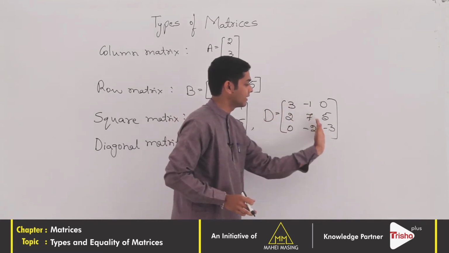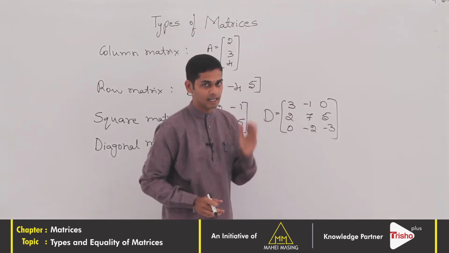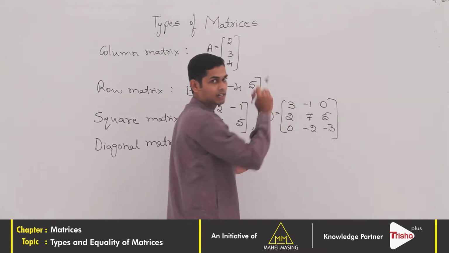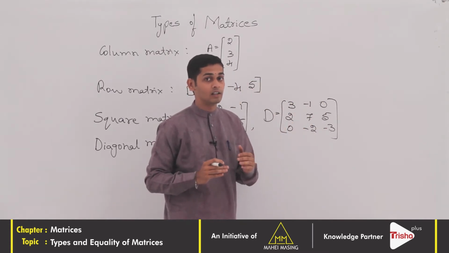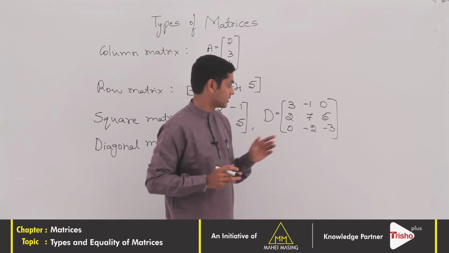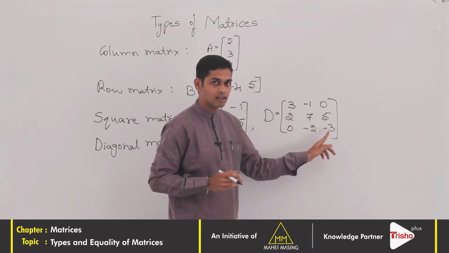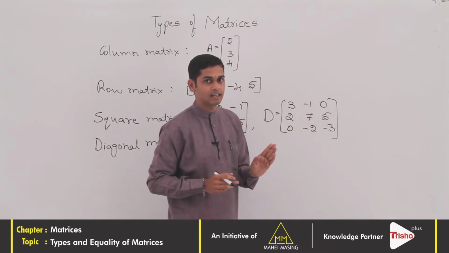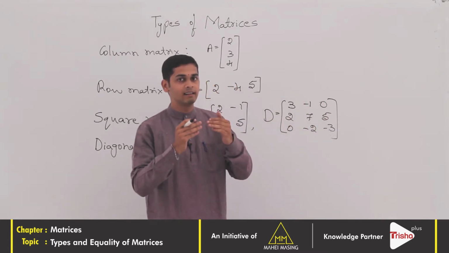So, this diagonal is called principal diagonal. The elements other than principal diagonal elements are called non-diagonal elements. So, these 3 are called diagonal elements and the rest 6 elements are called non-diagonal elements.